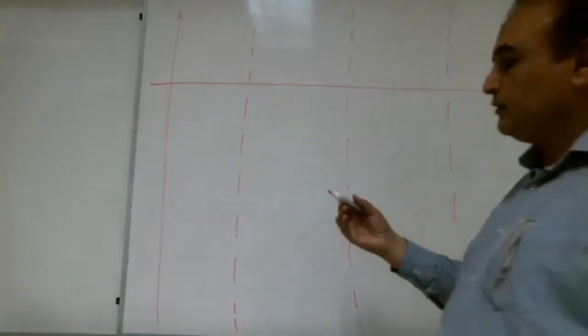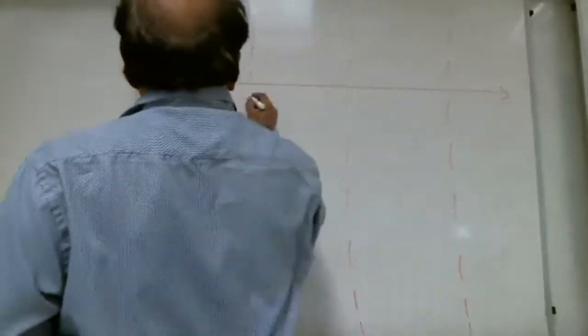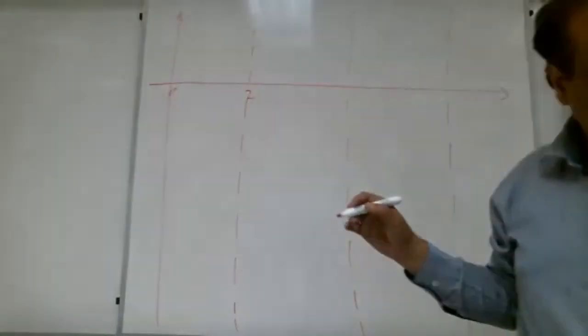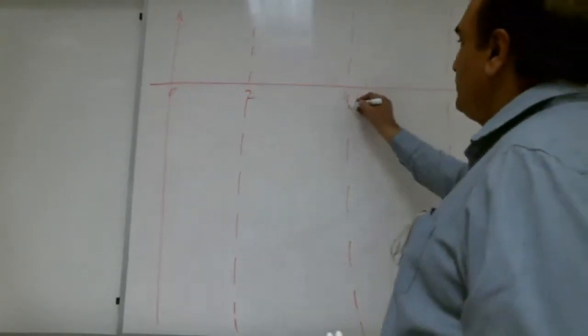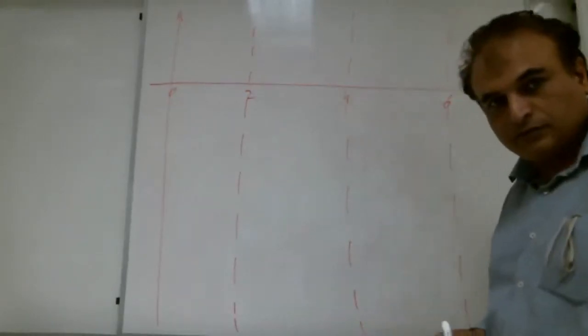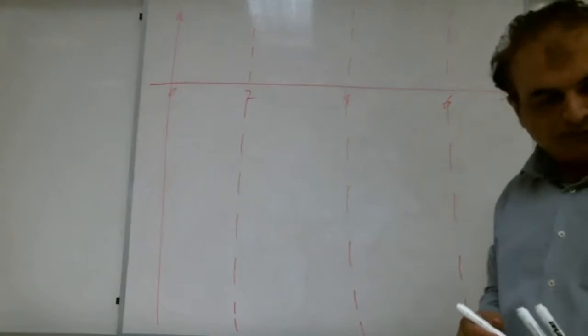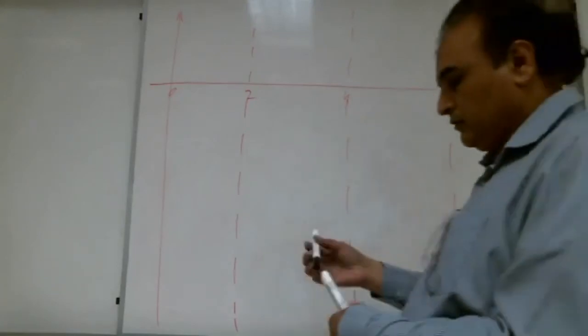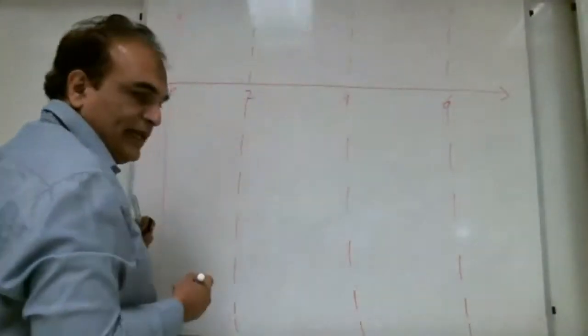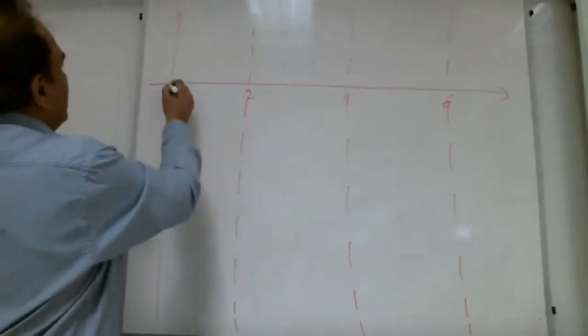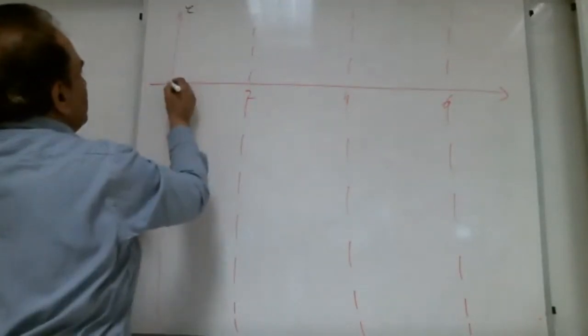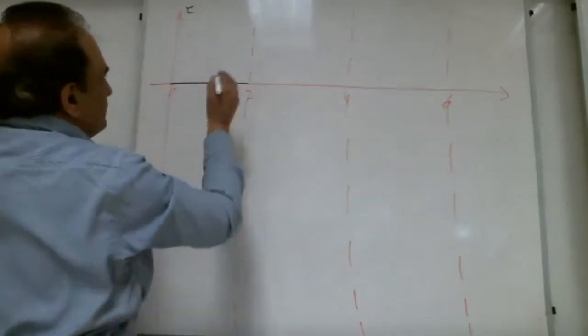So it is 0, 2, 4, 6. So the error is starting from 0. This is the error, Shabab. 0 to 2, it is 0.